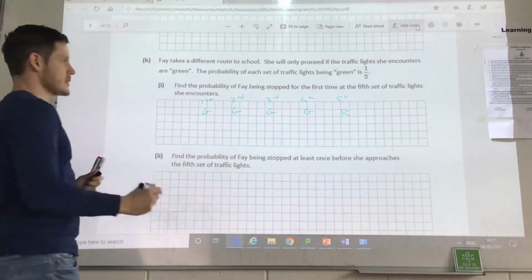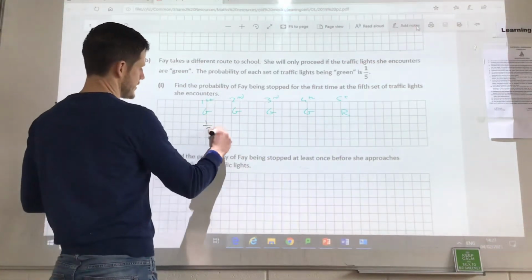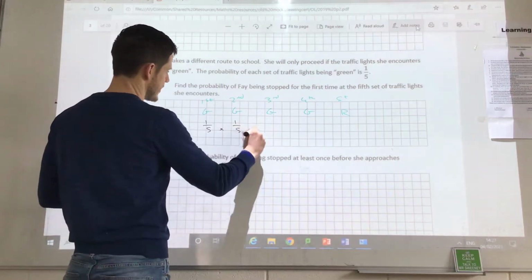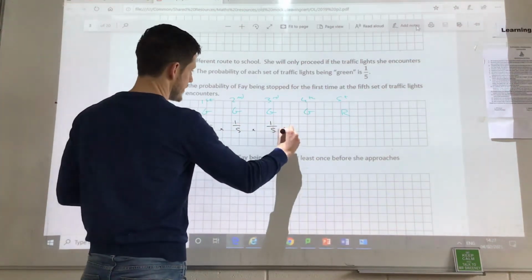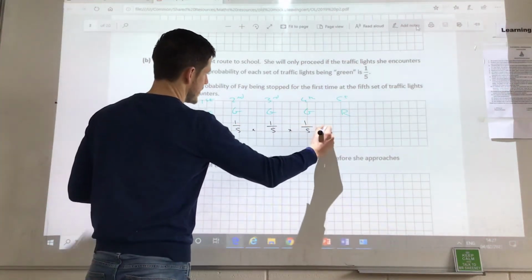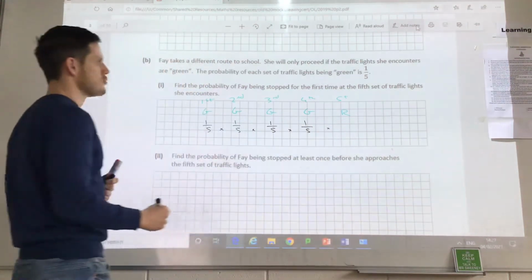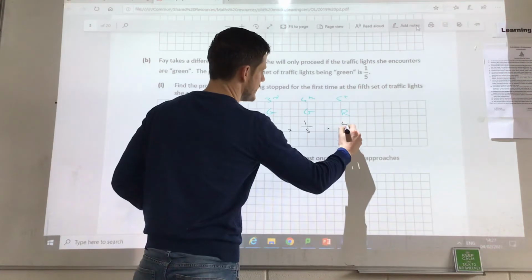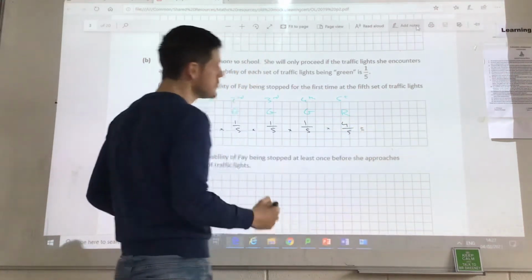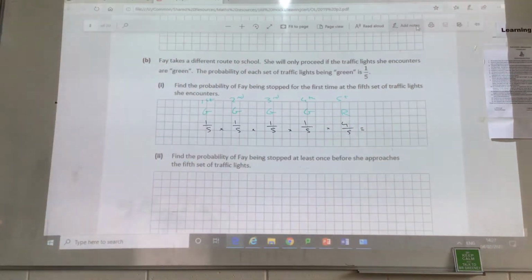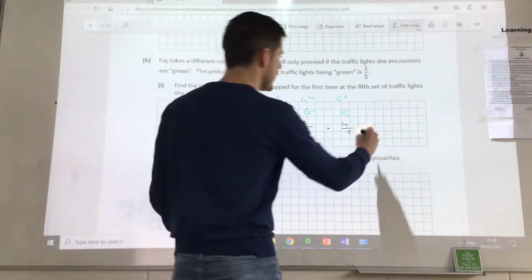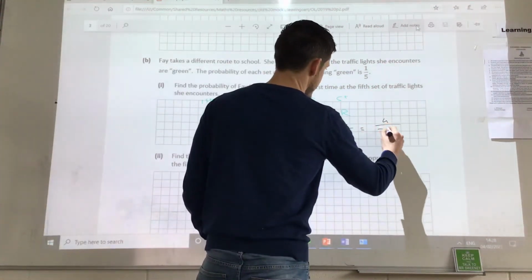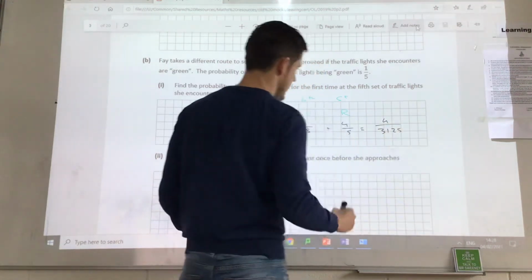Let's fill in the probabilities for that. Probability of being green is 1/5 times by 1/5 times by 1/5 times by 1/5. But that's times by being red on the 5th set, because that's the first red one there, which is 4/5. And if you put that into your calculator, that's going to give you 4/3125.